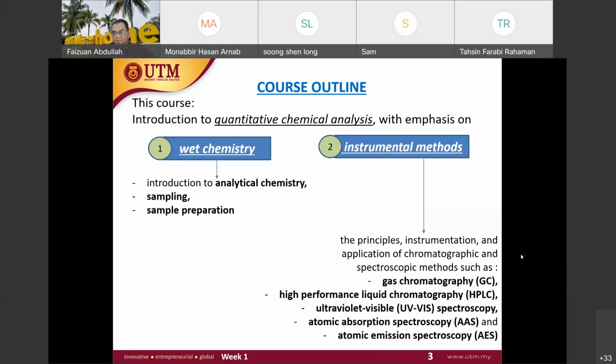Cherries, do you have an idea what is matrix inside the sample? Sorry, doctor, I'm not sure about it. It's okay. Faris, do you have any idea what is a matrix inside the sample? Not really sure.